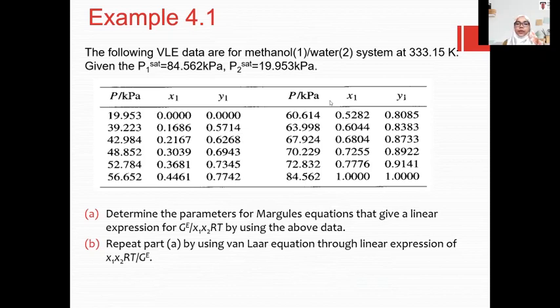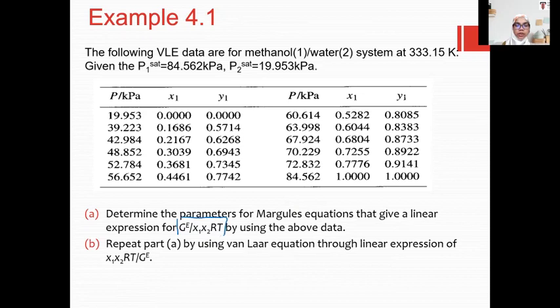I hope that you will understand how we can determine the excess Gibbs energy from the VLE data. The data is given. The first question is to determine the parameters for the Margules equation that give a linear expression for GE over x1 x2 RT using the above data.